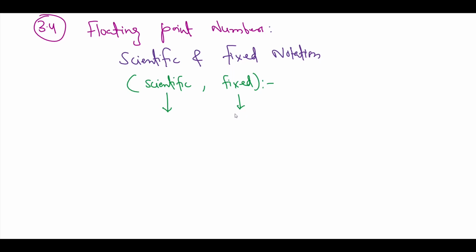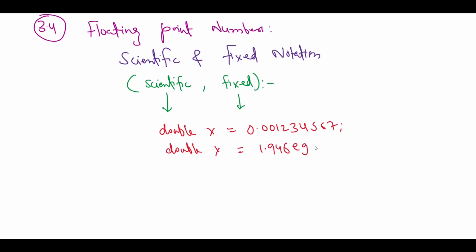So to understand this example, suppose we have a double x, which is 0.00123456 and we have another value double y, which is 1.946e9. So we have these two numbers x and y here. What you can do is display them once in their default format, and the default format is something like this.